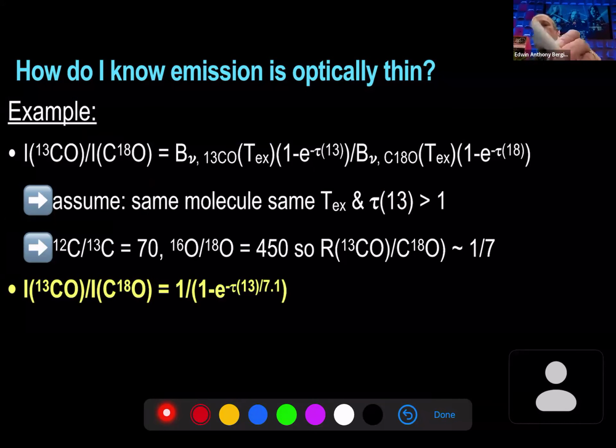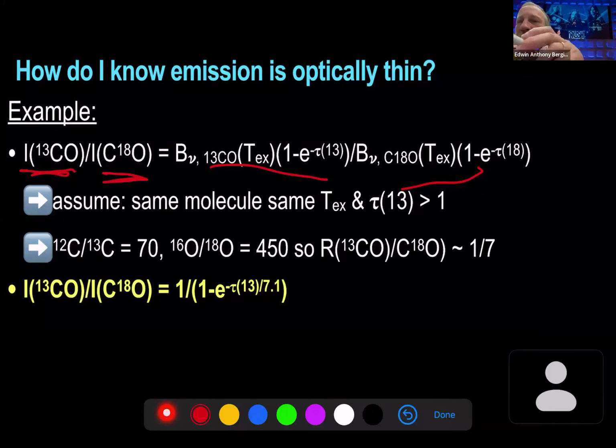I have an observation of 13CO and C18O, both in the J equals 1 to 0 state. It equals these quantities. Again, I'm not going to get into the specifics here, but from this, I have an observation of an intensity. This is all the same thing. There's the black body at a certain excitation temperature.